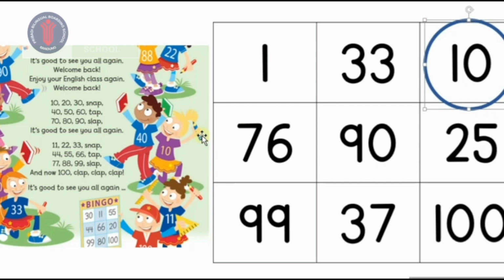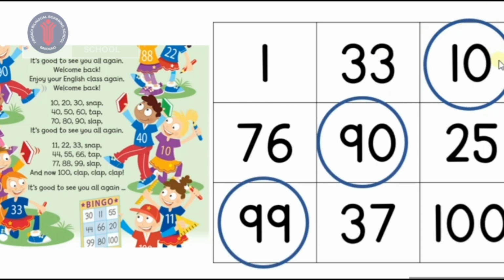Yeah, it's gonna be like that. And it's so on with another numbers. Alright, after you mark all of the numbers that say in that song, for example, it can be like this. So you can put the line between those numbers. Like this.